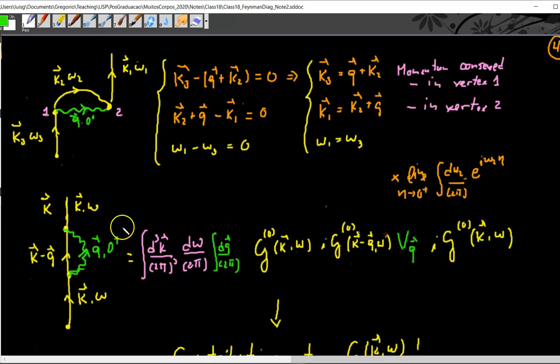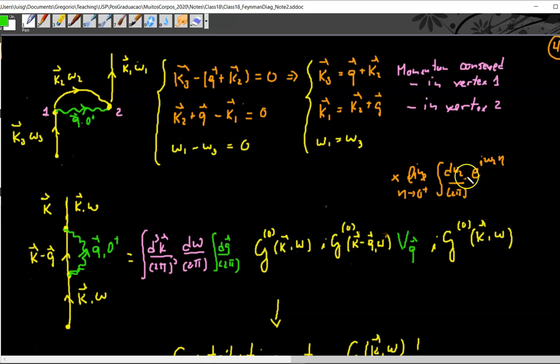Now this diagram I can represent as an integral in dk, right? So if I put all those delta functions there, all that's left is this integral in this coordinate and one integral in the frequency, which is going to be omega 1 and omega 3. This is the same.